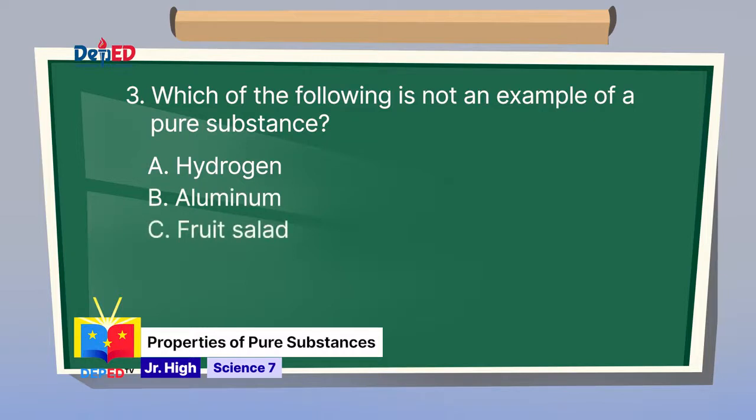C. Fruit salad. D. Carbon dioxide. Elements and compounds are examples of pure substance. Among the choices, fruit salad is not an example of pure substance. The right answer is letter C.